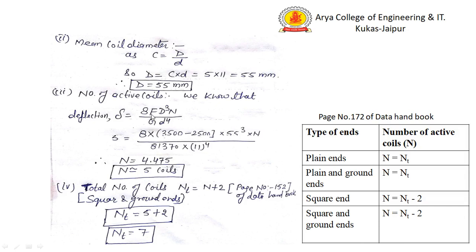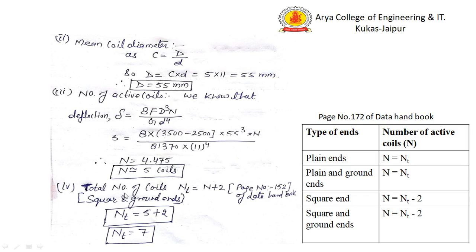So we will take F is equal to 1000 Newton. Capital D is 55, N is the number of active coils, G is the shear modulus, and small d is 11. So from this equation we find that the number of active coils is 4.475. We can take 5 coils.